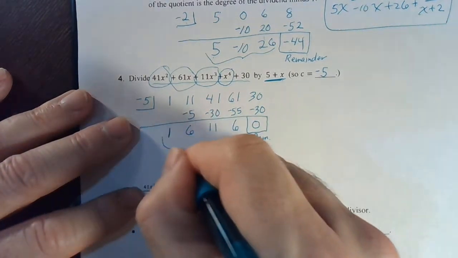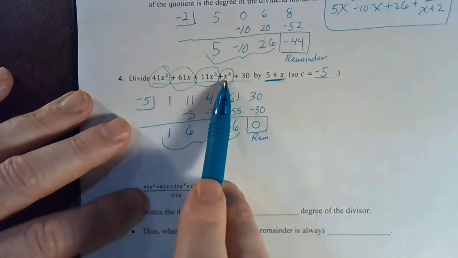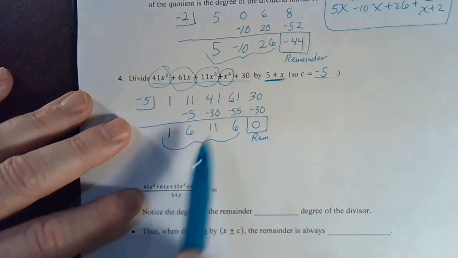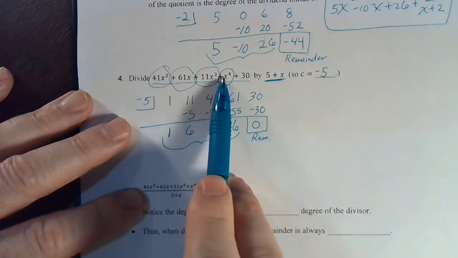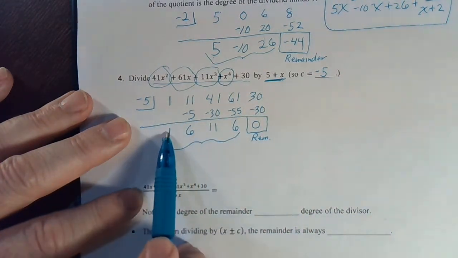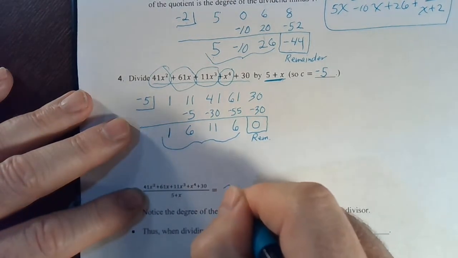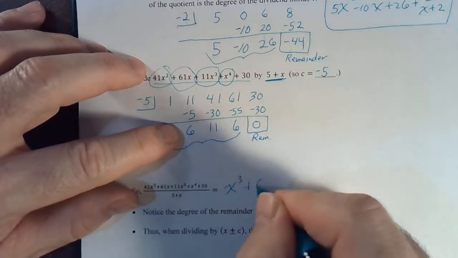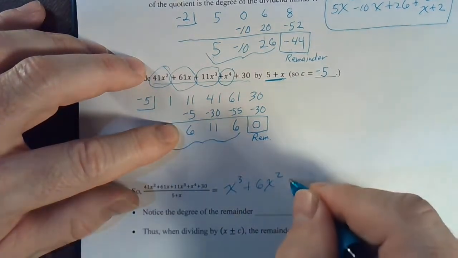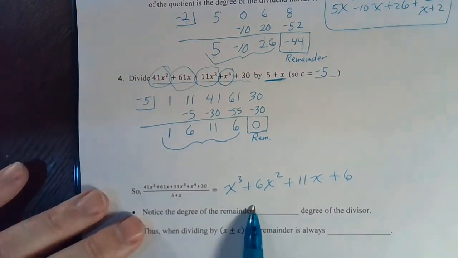And this is going to be the coefficients of our result. Since we started with an x to the 4th polynomial, and we're dividing it by something that has 1x in it, it's going to go 1 less than that. This is going to be the x to the 3rd coefficient. So 1x to the 3rd, plus 6x squared plus 11x plus 6 is the result.